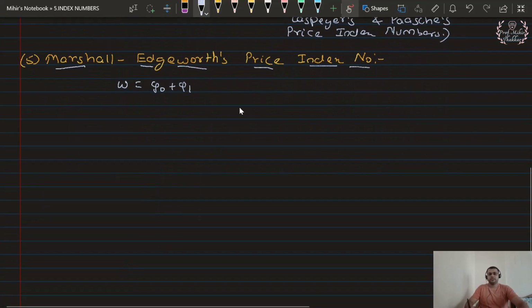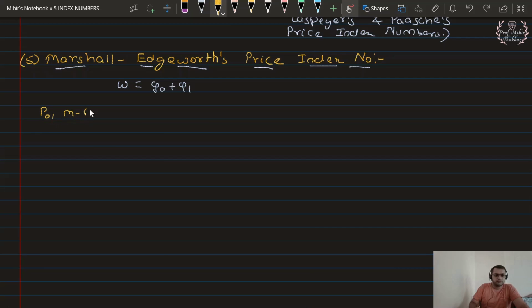In such a case, the formula for the Marshall-Edgeworth's index number P01 ME becomes: summation of P1 (Q0 plus Q1) divided by summation of P0 (Q0 plus Q1) and multiplied by 100.